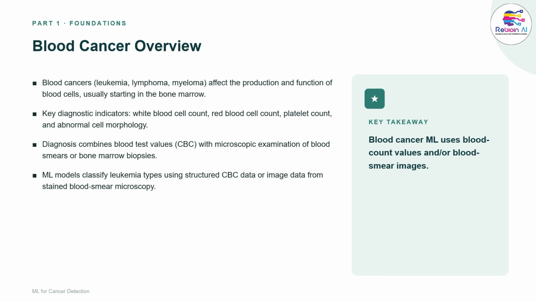If the white blood cell count is unusually high or cells look structurally abnormal under a microscope, that's a red flag. Confirmation often comes from examining a blood smear, a thin layer of blood on a glass slide under a microscope, or from a bone marrow biopsy.